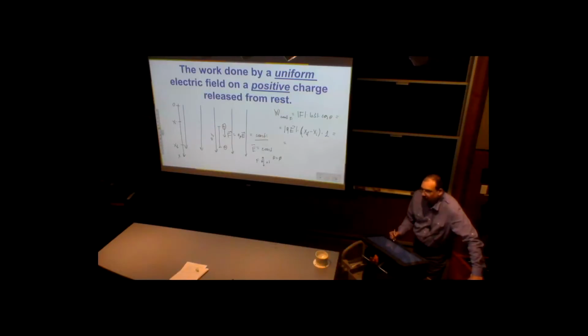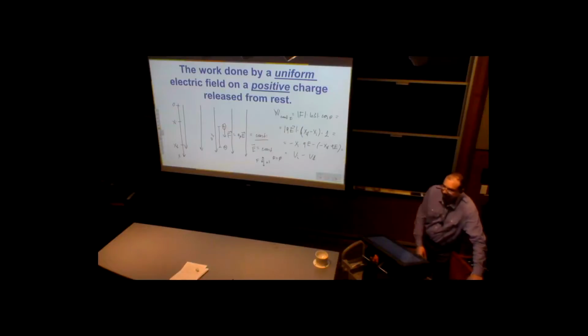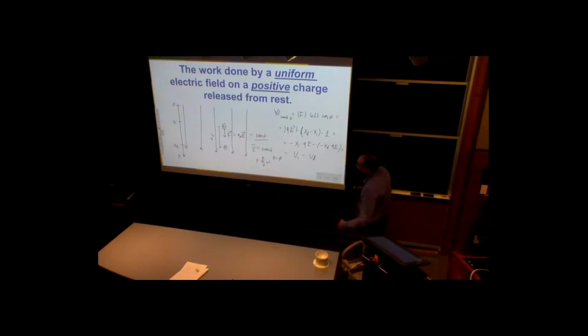And now this is how people rewrite it. Why? Because people want to look at it as something initial minus something final. Why?